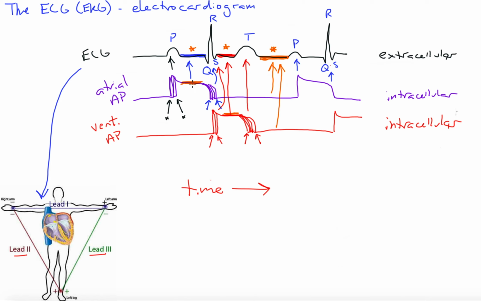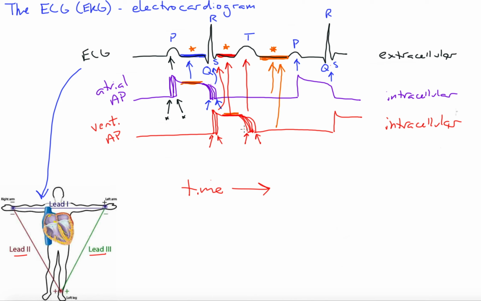You can memorize those waves, but it's better if you understand them in terms of the atrial cell depolarizations and the ventricular cell depolarizations, because the goal for us is to make sure you understand how the electrical is the determinant for the mechanical.